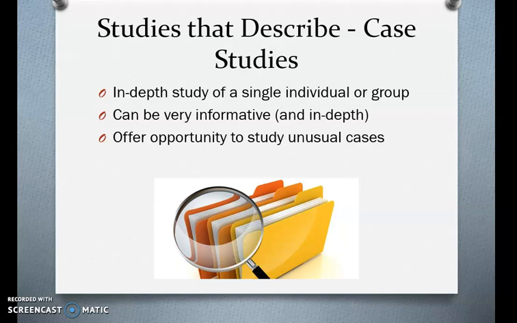Okay. The first and most basic type of research study that is not explaining, it is simply describing, is a case study. Okay, so case studies are very in-depth studies of a single individual or a small group of individuals. So you are saying a whole lot about this individual.